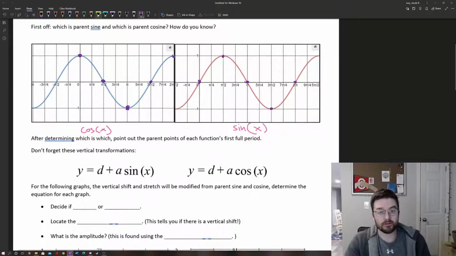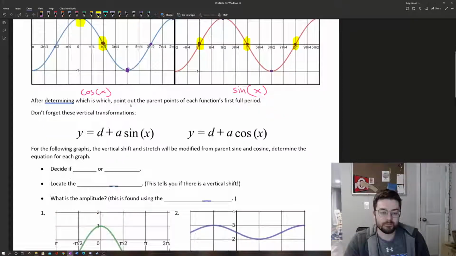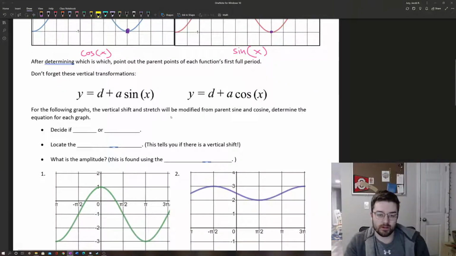If you remember the unit circle, you can also use that to help you remember which one is which. Cosine is 1 when the angle is 0. Cosine is 0 when the angle is pi over 2. Sine is 0 when the angle is 0, pi, or 2 pi. That would help you determine these as well.